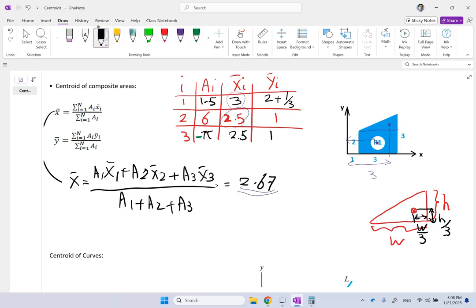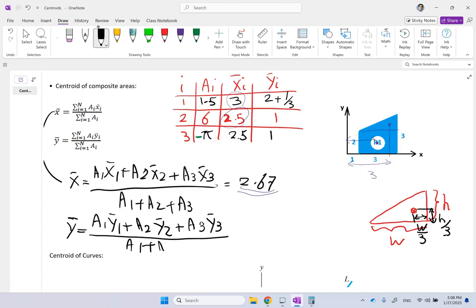And when I calculate Y bar, it's very similar. So it's A1 y bar 1 plus A2 y bar 2 plus A3 y bar 3, over the total A. Now, before I even give you the number, you know that it should be between these two y's.